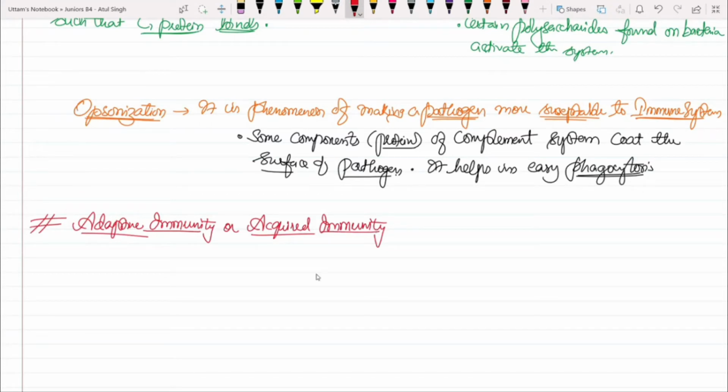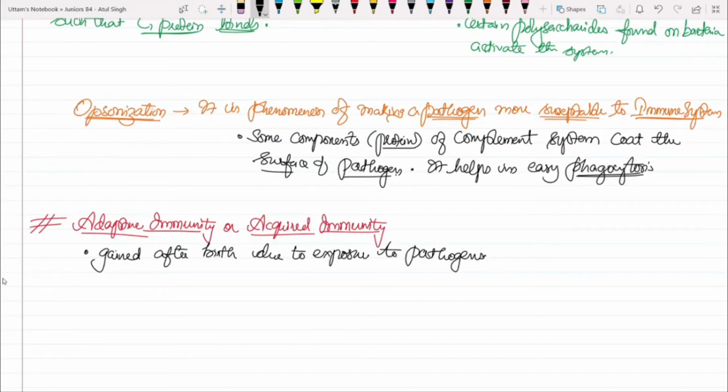Over here, it is gained after birth due to exposure to pathogens.